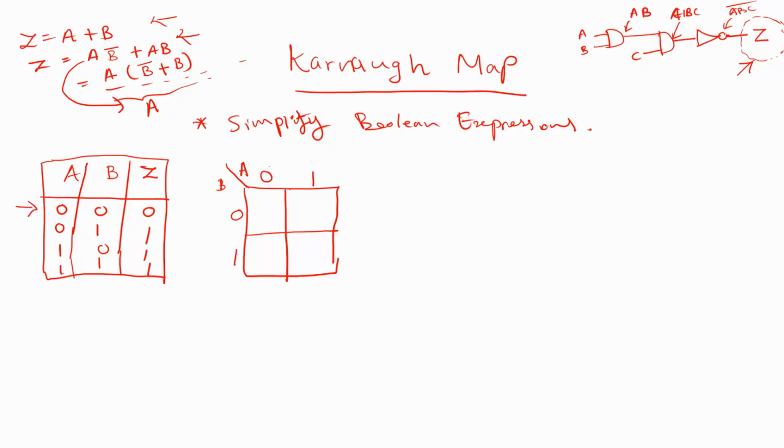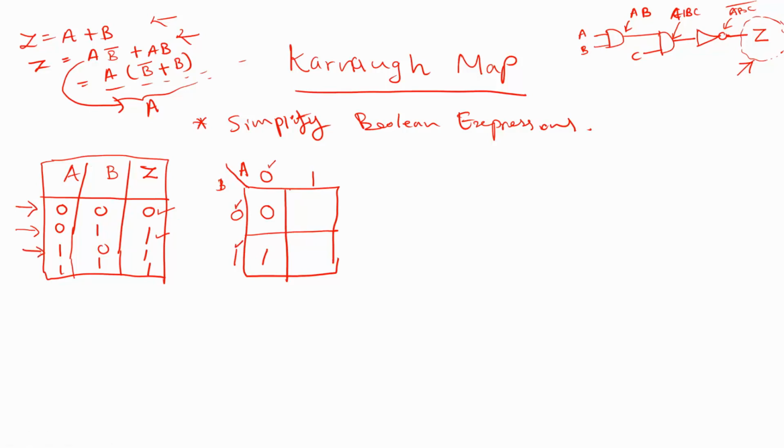B0. A0 B0, what's the value? 0. We mark that here. Okay, and the second one, A0 B1, what's the value? 1.